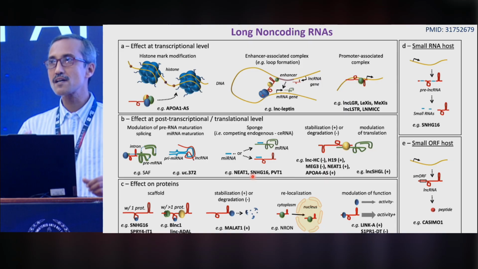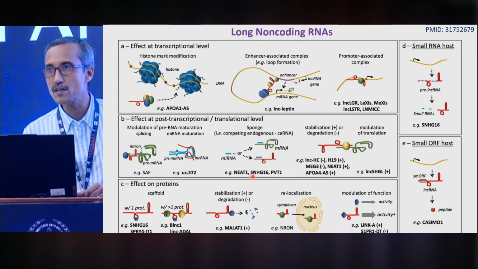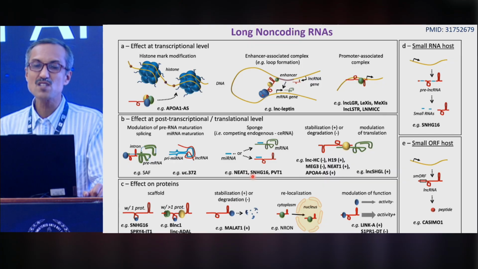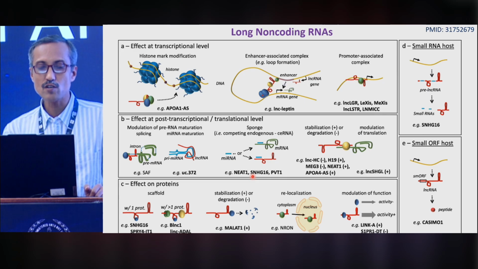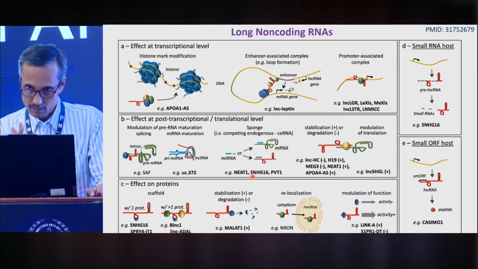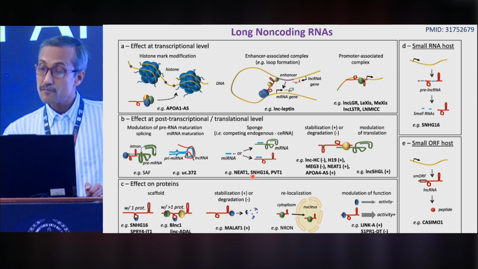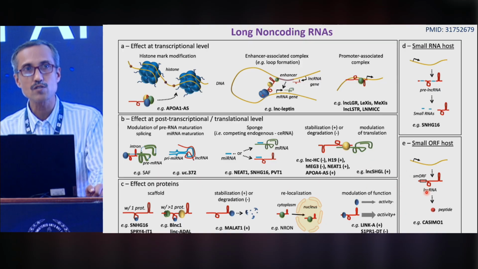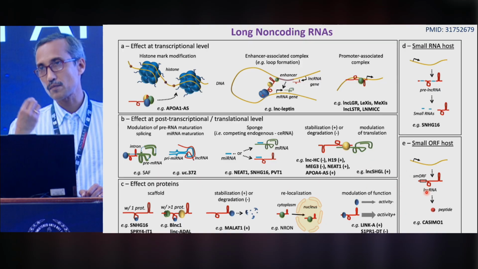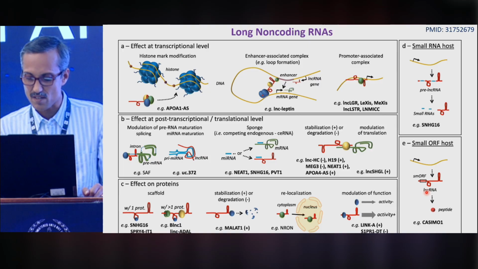MicroRNAs are also gene regulatory molecules. They act as decoys of microRNAs so that expression of other mRNAs is higher. Very recently, some long non-coding RNAs have also been linked to the production of small peptides.